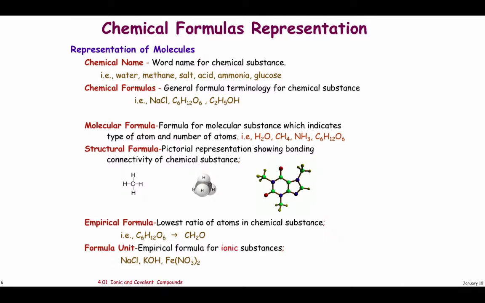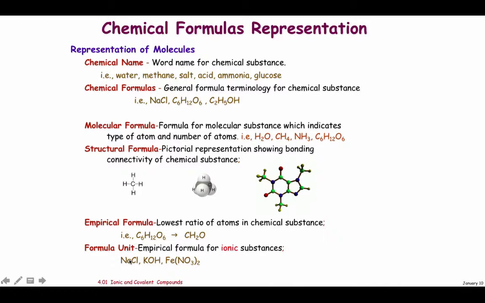The empirical formula is always true for ionic compounds, because ionic compounds are always written in terms of the lowest ratio by which they exist. Whenever you write the empirical formula of ionic compounds, it's also called the formula unit. In this particular case, you've got sodium, which is a cation plus 1.